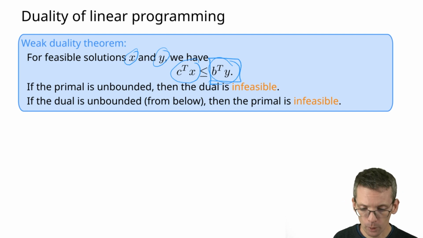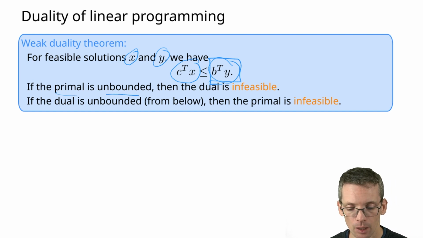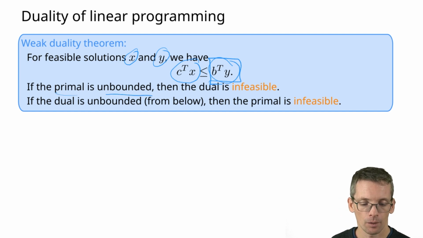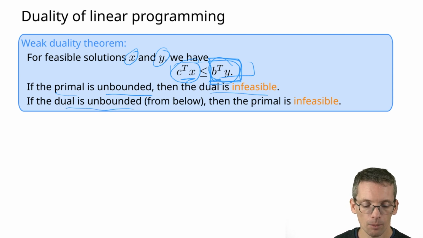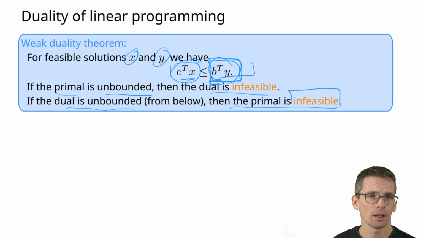So this is weak duality. Also, if the primal is unbounded, then from this it follows. So if this becomes arbitrarily large, then obviously here I don't get a solution, so then the dual is infeasible. Likewise, if the dual is unbounded, because it's a minimization problem from below, then the primal is infeasible.